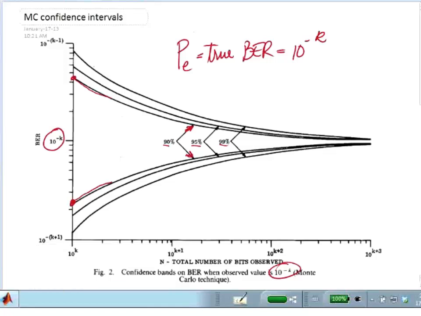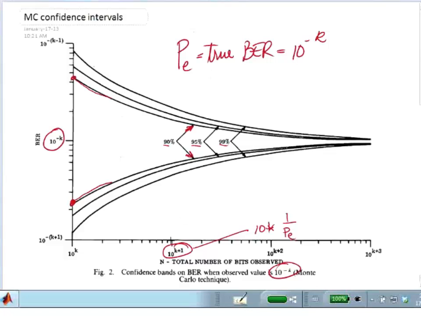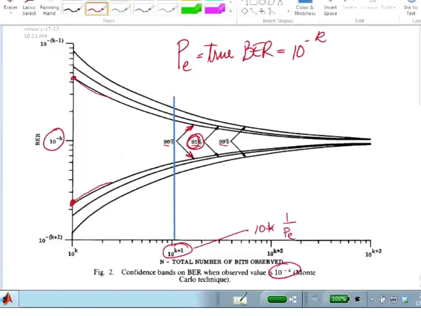And so let's take another one. Let's suppose that I did 10 times as many trials as the inverse of the probability of error. So if I take this example, then this is 10 times 1 over the true probability of error. And if I put a line here, more or less, okay, and then I looked at where this intersected, let's say the 95% curves.